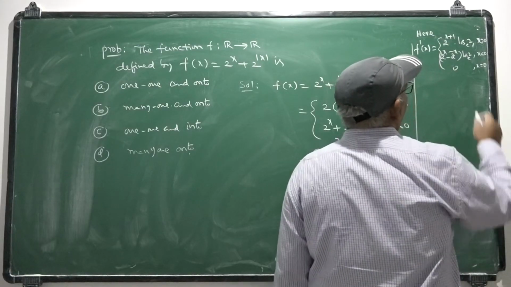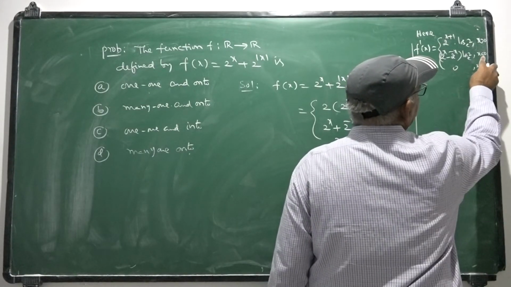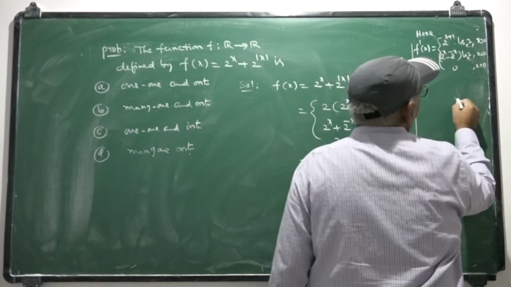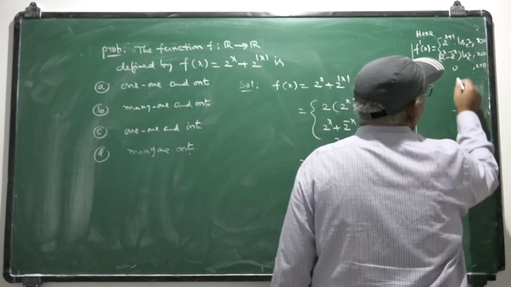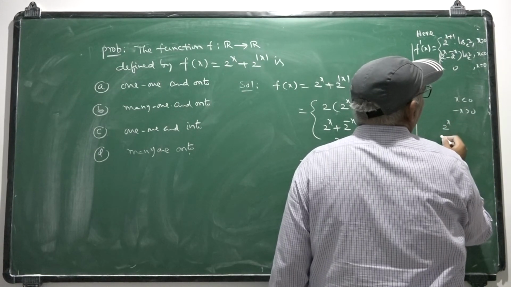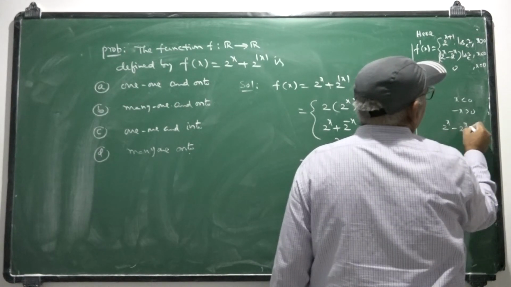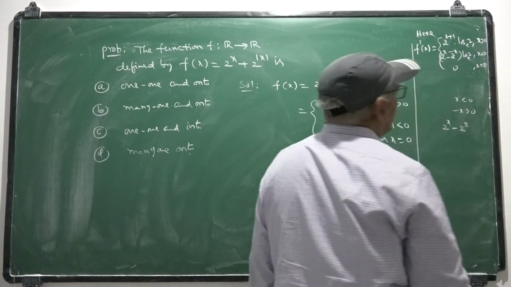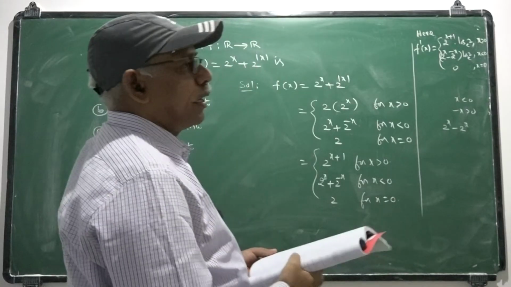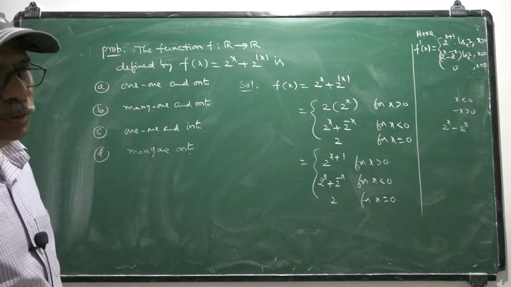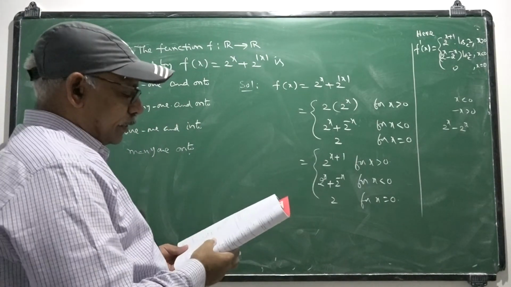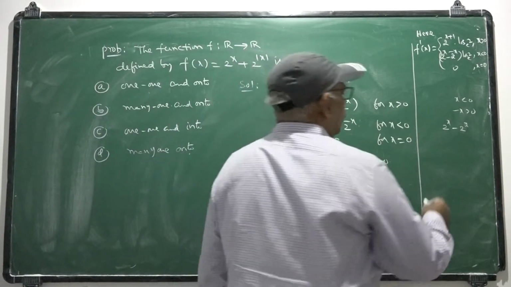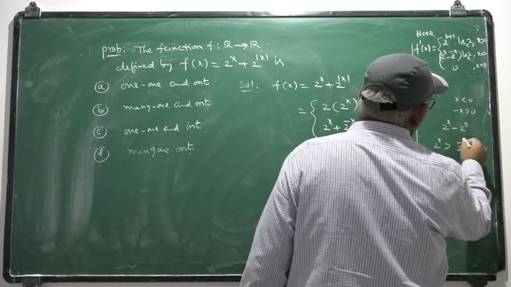In case of x negative, minus x is positive. So 2 power x minus 2 power minus x in such case is negative or 0. Otherwise, 2 power x is less than 2 power minus x.